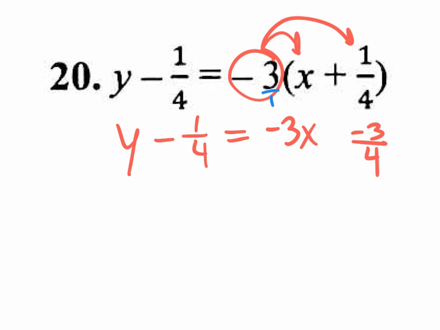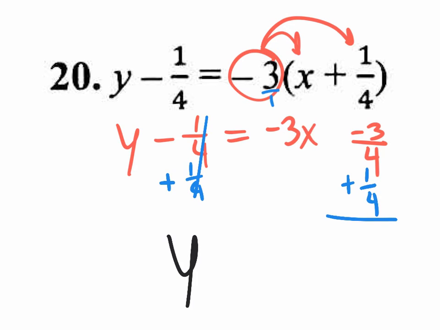Now, we almost have it in slope-intercept form. All I have to do is get y by itself. I could, if I wanted to, multiply everything by 4 to get rid of the fractions. But because we have a denominator of 4, we could simply deal with the fraction because it's a common denominator 4 on both. So I could add 1/4 and add 1/4. And right here I'd end up with my y all by itself equals the slope.